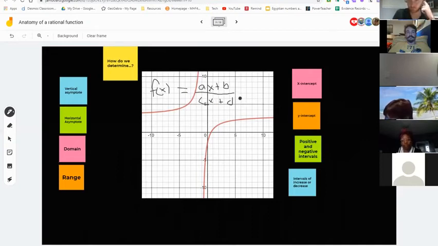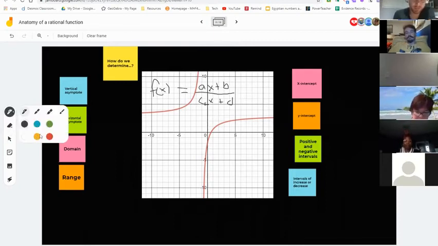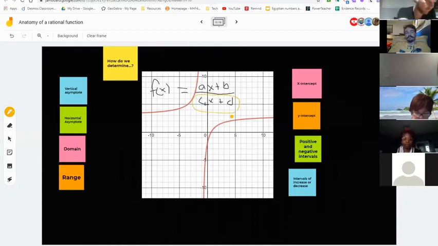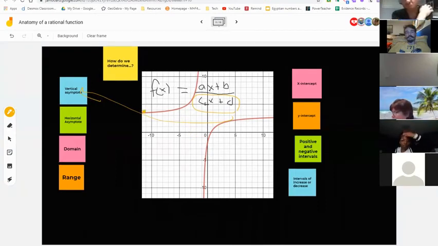So we're going to come back to these next class, but I just want to give you a glimpse. Here's the key idea of vertical asymptote. A lot of you told me correctly, I would take this denominator and make it equal to 0, right? And that would give me the vertical asymptote. When we look at determining the horizontal asymptote, this is the way we think. We look at what happens to the end behaviors of this function, right?